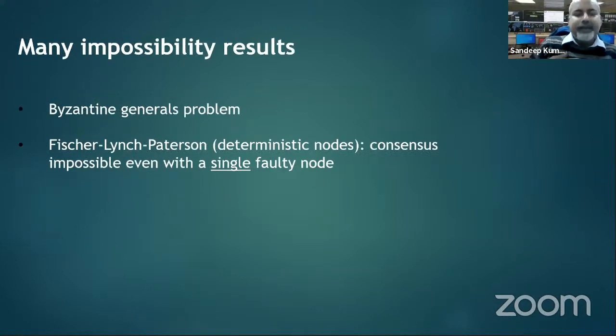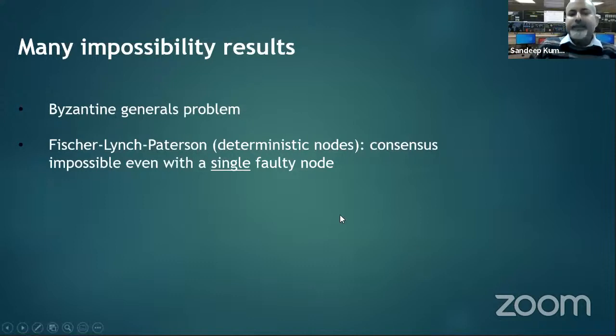So that leads us to the Byzantine generals problem. The Byzantine generals problem is basically a problem in which you have multiple different nodes which need to come up with the same value, but we assume that some of the nodes may behave maliciously and some of the nodes may crash.